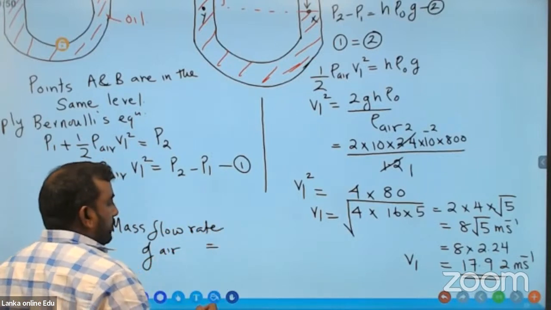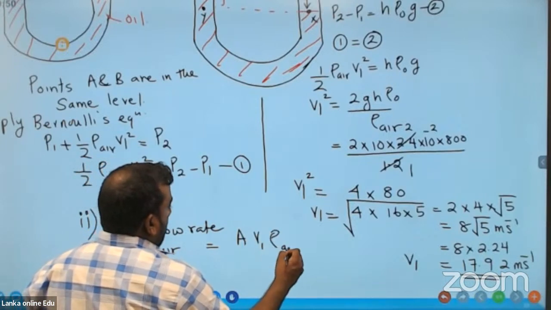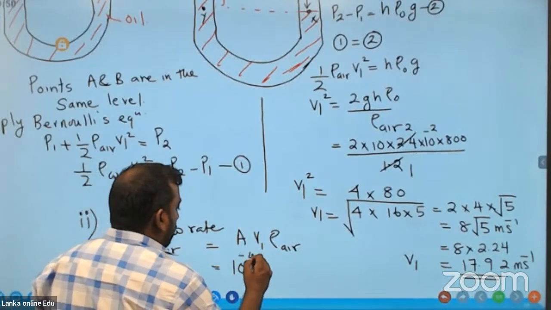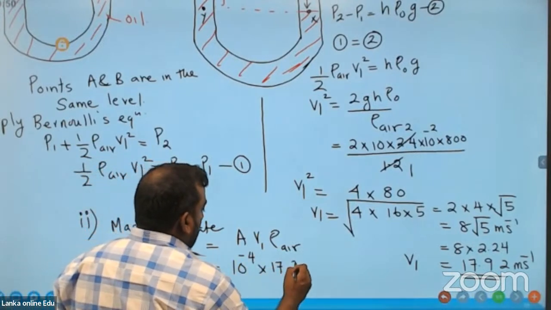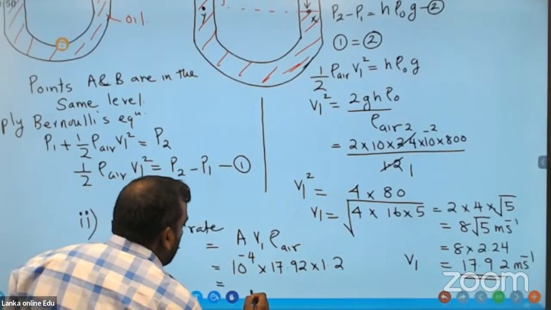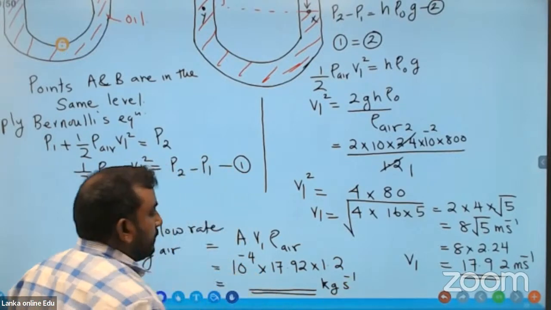So here you go. A times V1 times density of air. Area is 10 to the power minus 4. Velocity is 17.92 multiplied by density of air 1.2. Don't forget, you'll get the unit in kilograms per second.